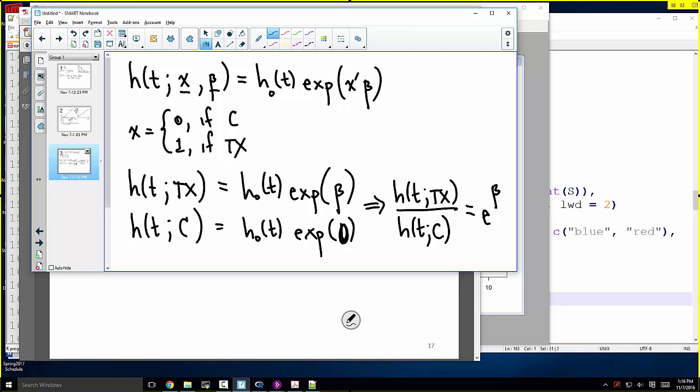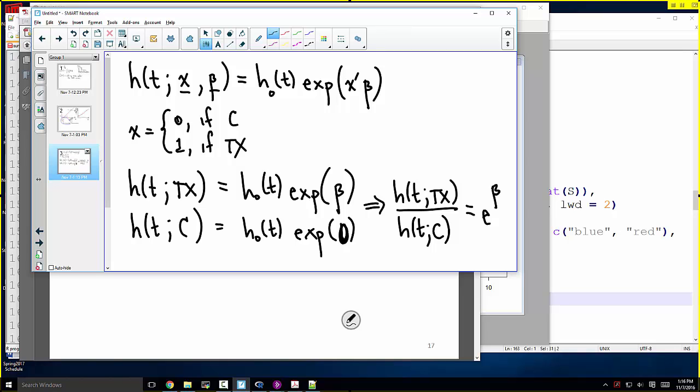Again, it's kind of hard to interpret exactly what a hazard ratio is, but it has an odds ratio or relative risk kind of interpretation to it. If my hazard is 2 times yours, that's at least a quantifiable level of risk for me.